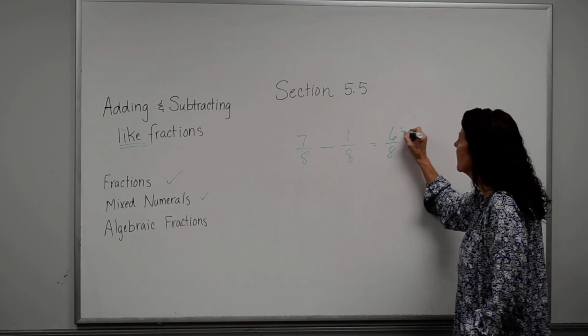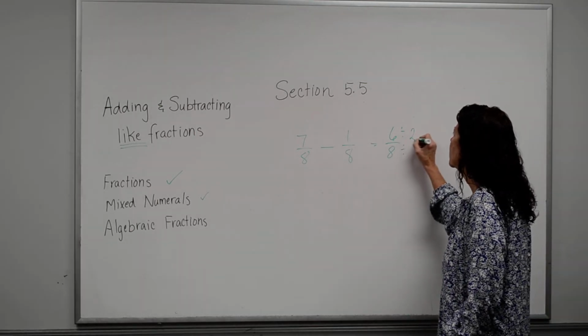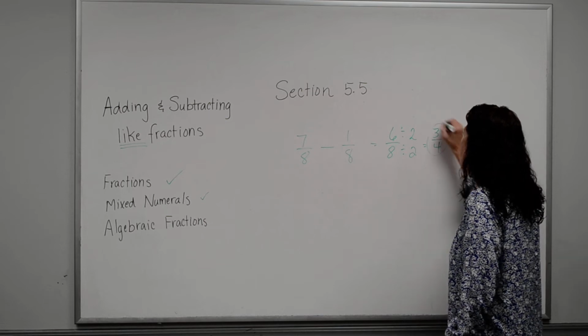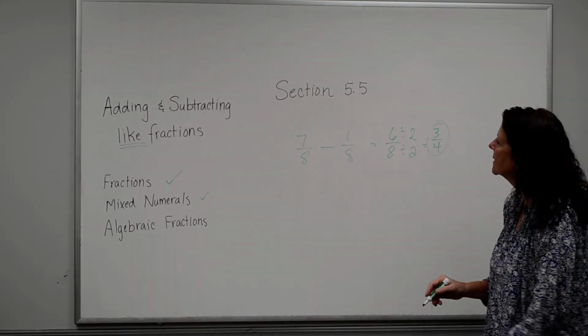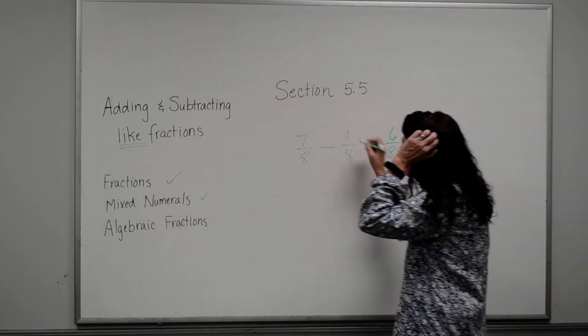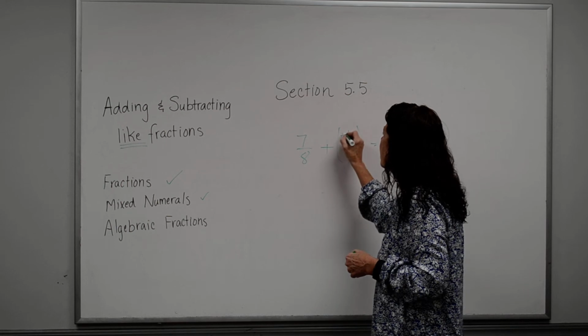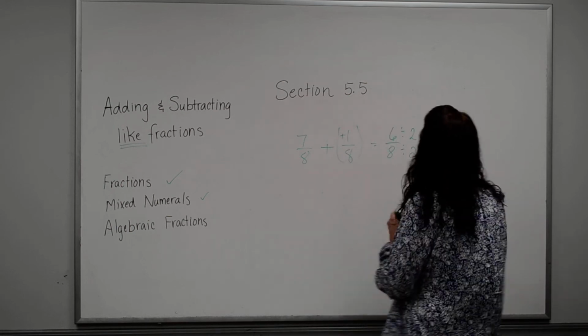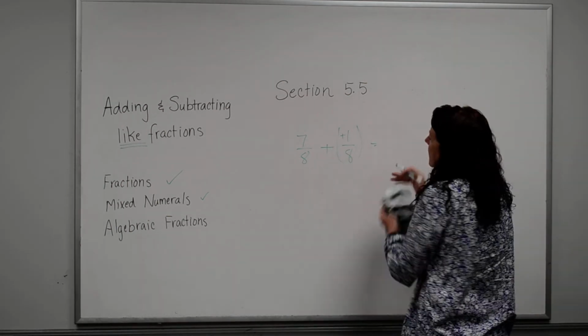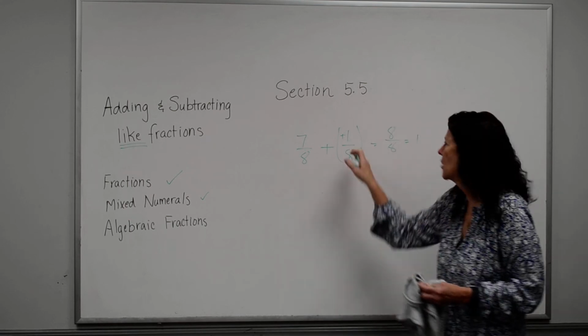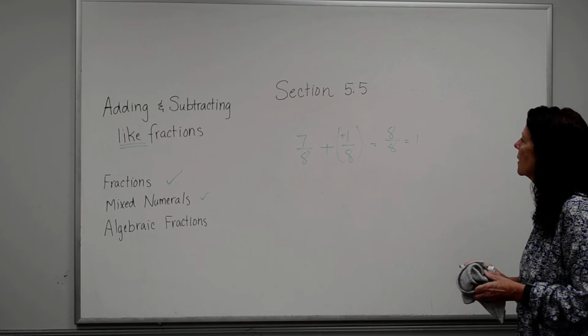I'm going to divide the top and the bottom by 2, which is going to give me 3/4. Okay, you're doing the exact same thing. Just be careful, like if I'm subtracting a negative, remember I have to add the opposite of the second number, and then that would be 8/8 or 1. Okay, if I change my 1/8 to a negative 1/8.